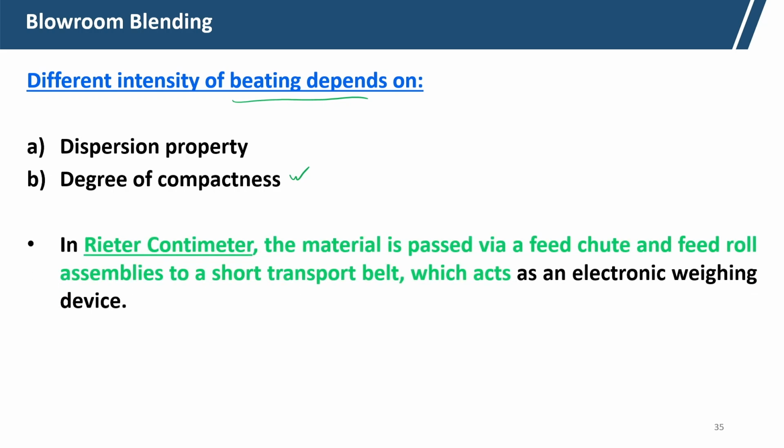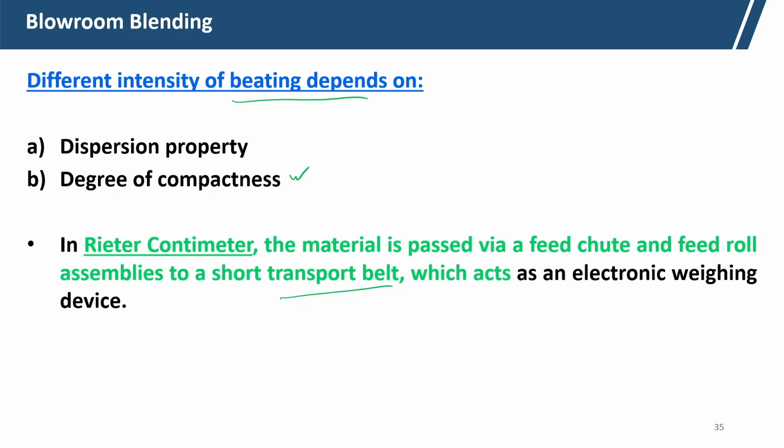In a retar contimeter, the material is passed via the feed chute and feed roller assembly to a short transport belt which acts as an electronic weighing device. In that belt the actual weighing takes place.